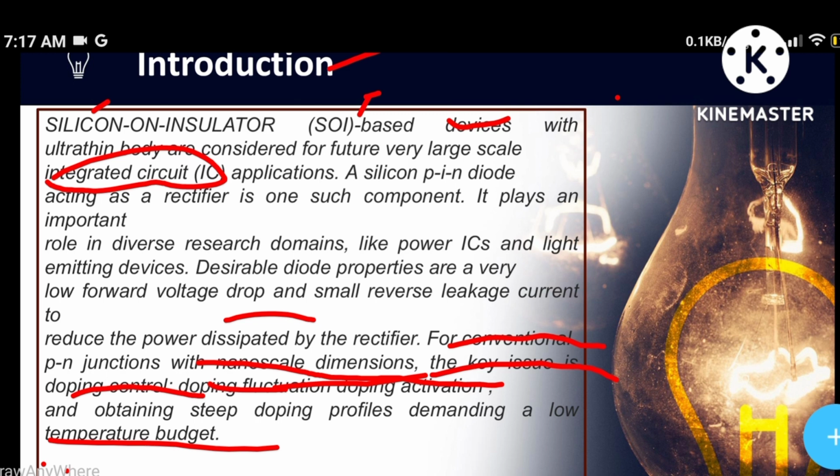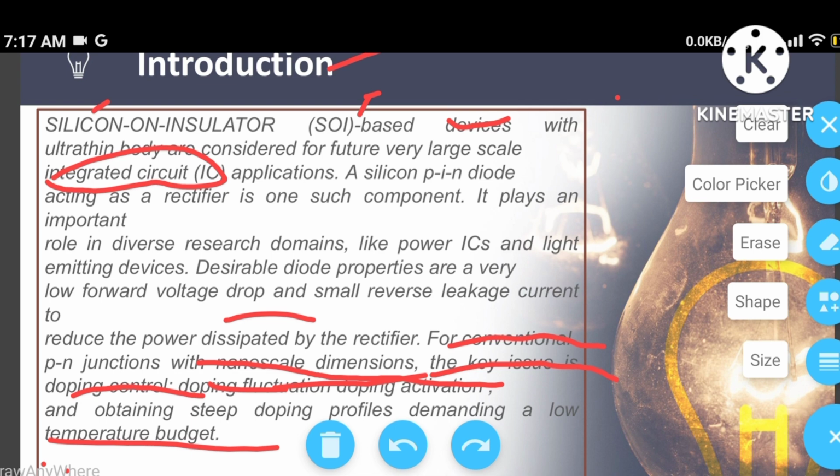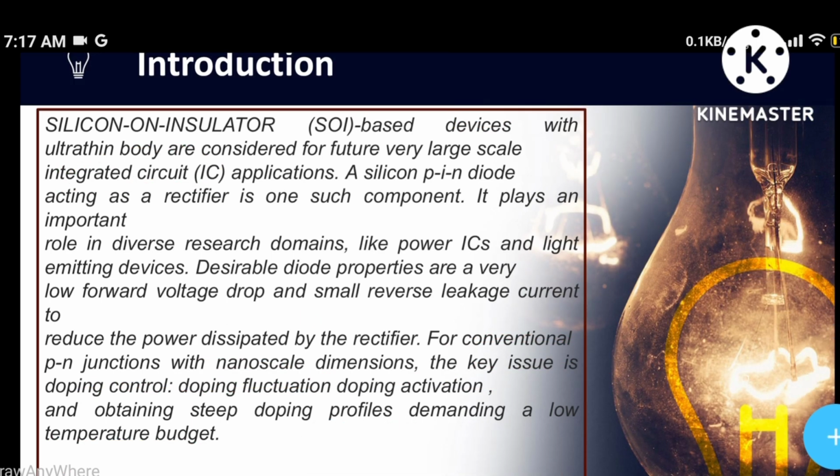This is the introduction in the slide. You can go through the slide once again.